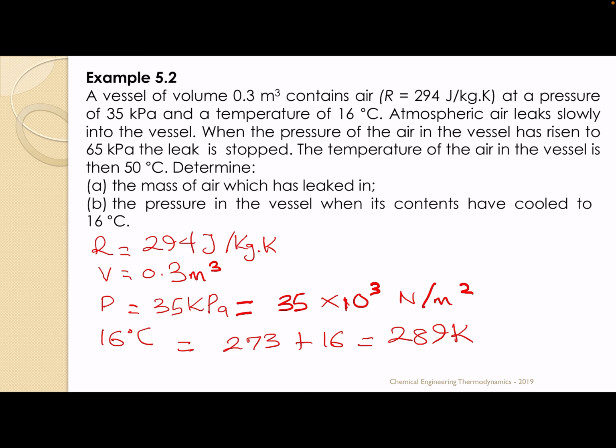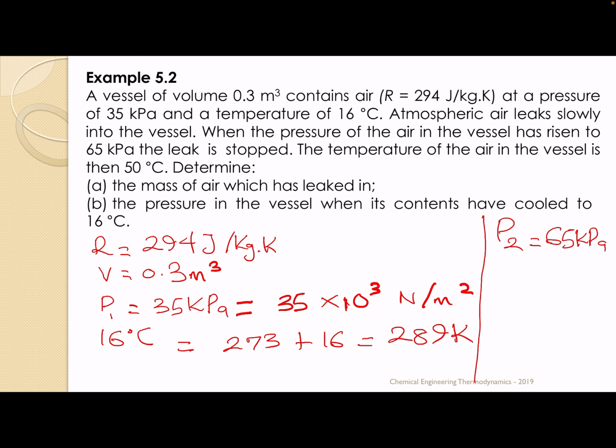Atmospheric air leaks slowly into the vessel until the pressure of the air in the vessel has risen to 65 kPa. So that shows us that we have another P. We can then call this P1, and then we have P2, 65 kPa. It has risen to 65 kPa, the leak is stopped.